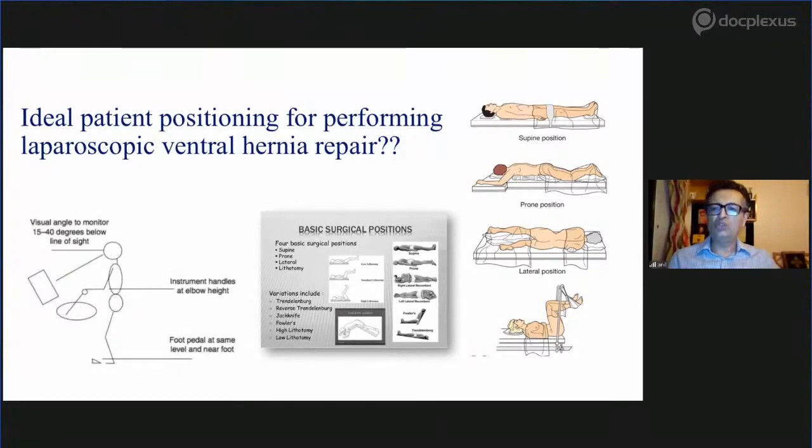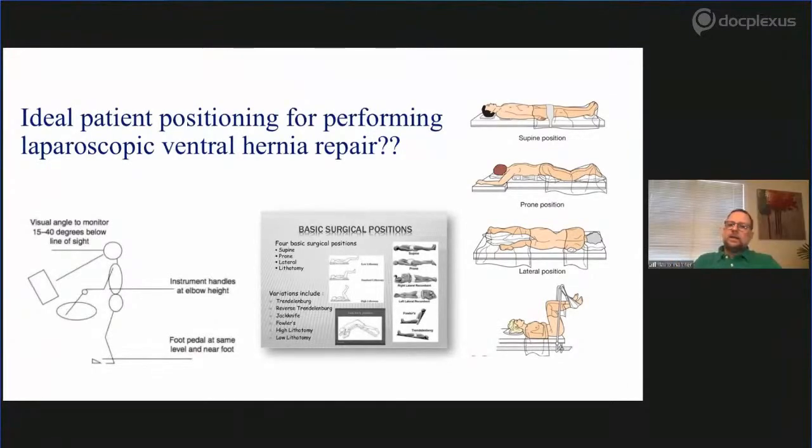What I want to ask is, has something similar been seen by the other surgeons with that sort of slightly jackknife position, if you can call it, with the tummy higher and the head and the feet lower? Is that a problem with leg weakness or tingling or numbness in the lower limb?